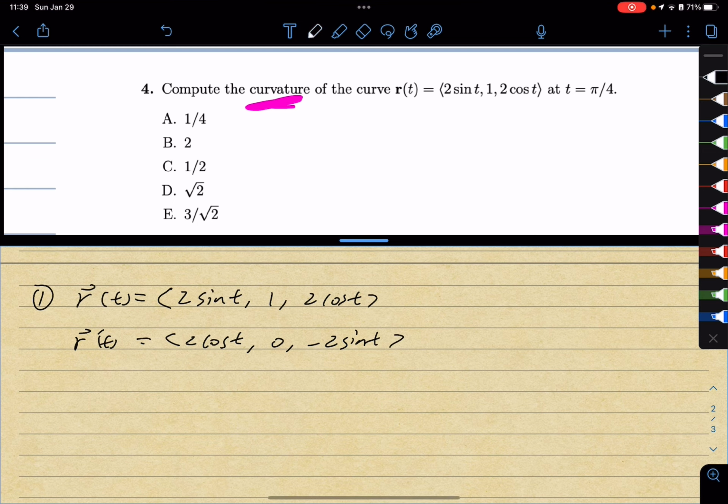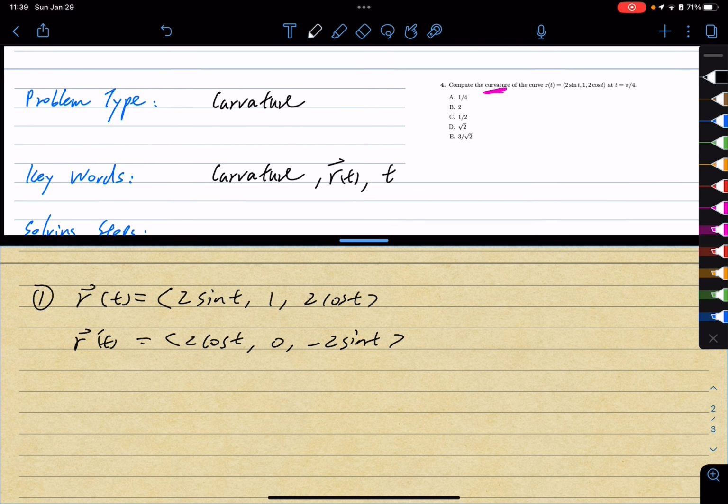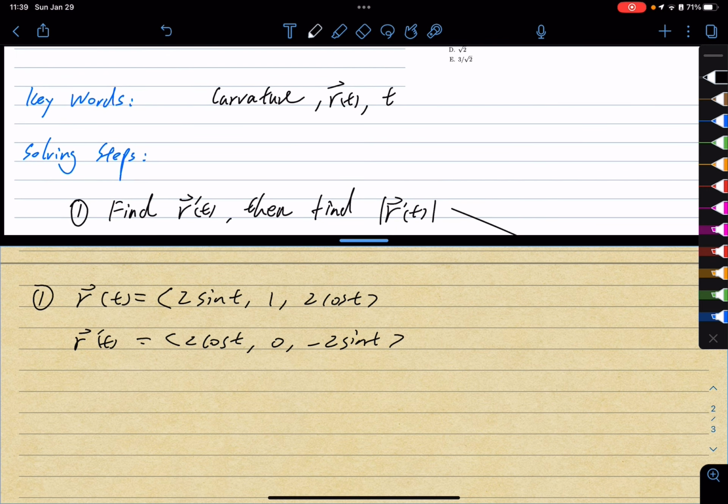Easy enough. And then we're also going to find the magnitude of r prime of t. I think everyone understands that this is cosine, this is sine, and this is your r. So the magnitude of this is just 2. So the magnitude of that is just r, the value of r.